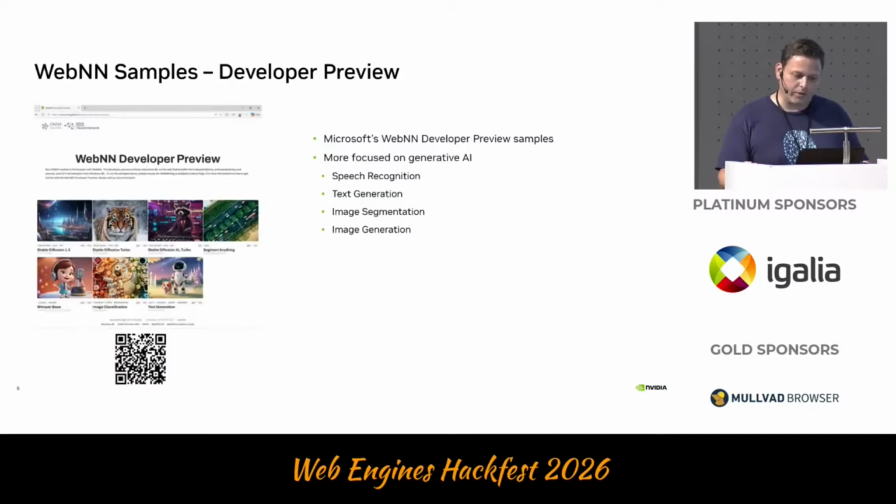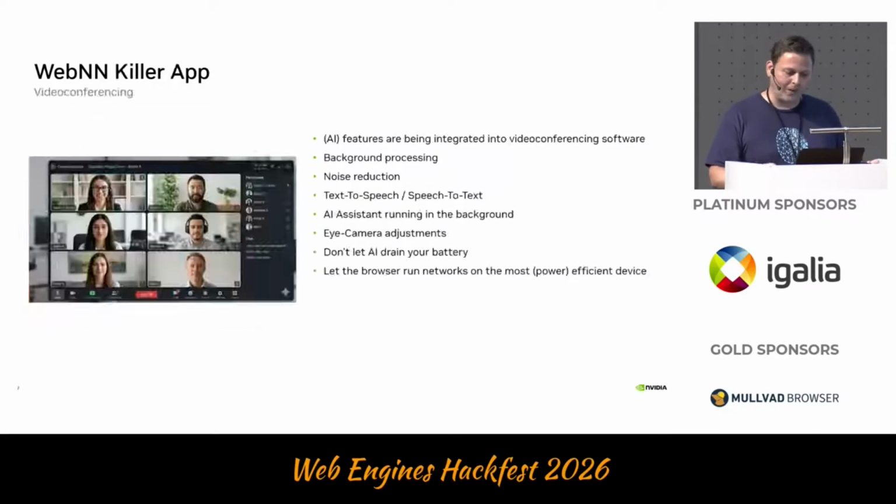Another big page is by Microsoft, developer preview samples, and Microsoft focused more on generative AI and speech recognition. So you can generate text, images, but they also have image segmentation. And if we look in the future, today we just have a few samples and we can run stuff through ONNX runtime.